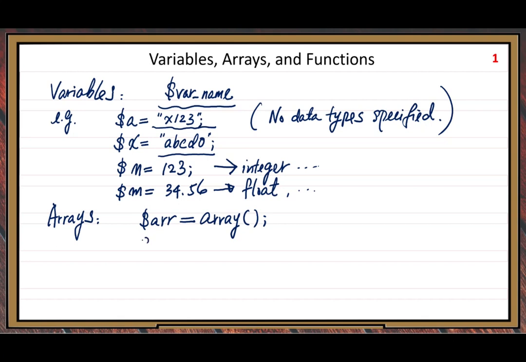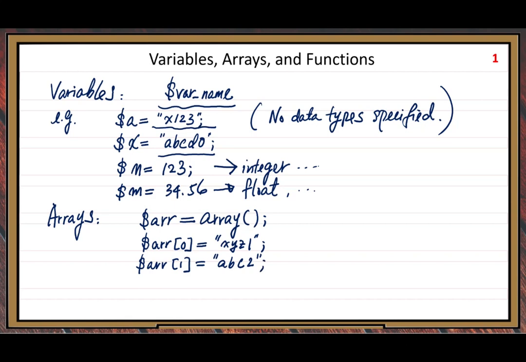After that, we can assign values to array elements. The first array element, with square brackets, is the same as in other programming languages. Suppose we use string values: XYZ1, for example, and for the next one, ABC2, for example.